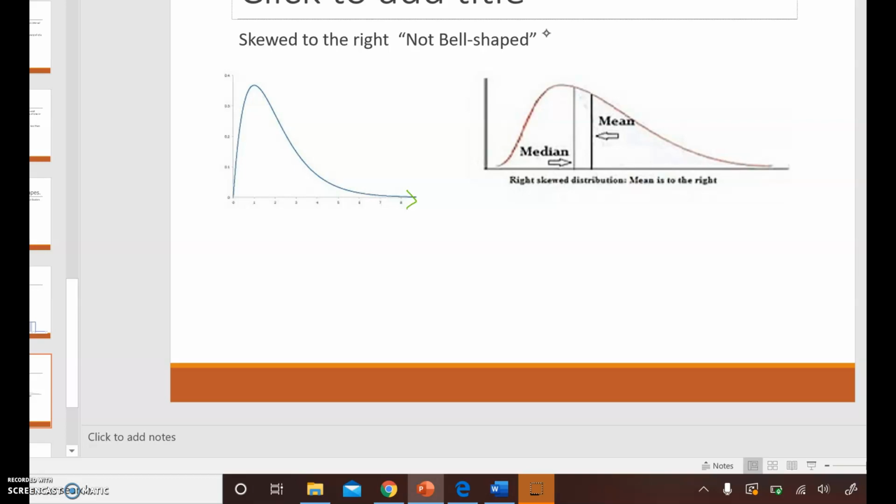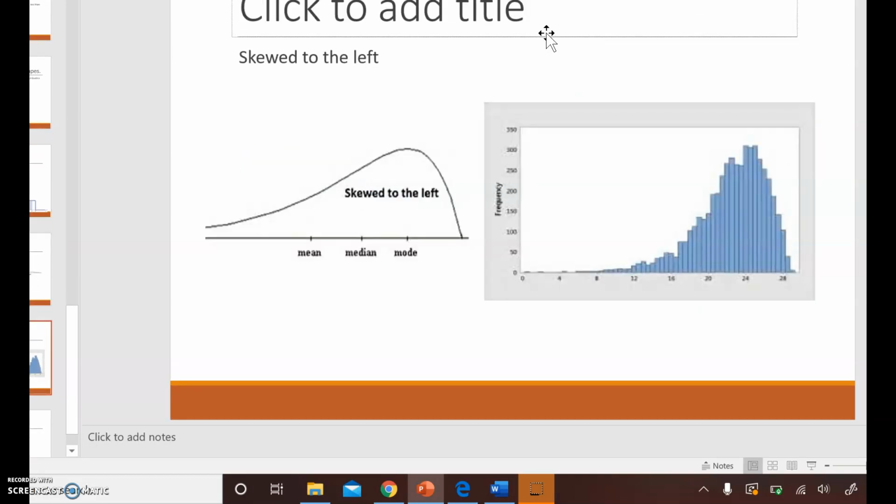Any outliers will be out here on the right. So skewed to the right means the tail is to the right. Extreme values will be to the right. And not to confuse it with skewed to the left. On a skewed to the left distribution, most of your values are to the right and the tail is to the left.